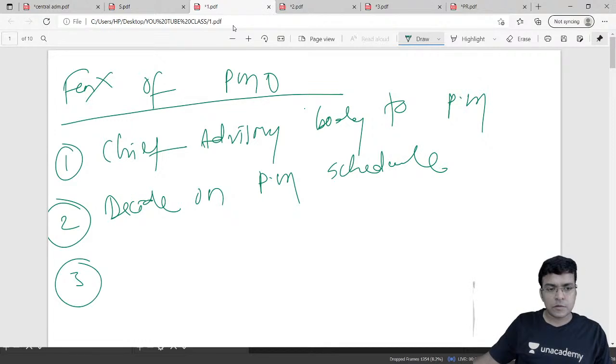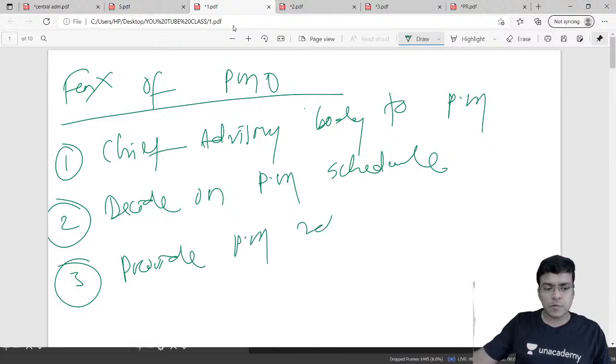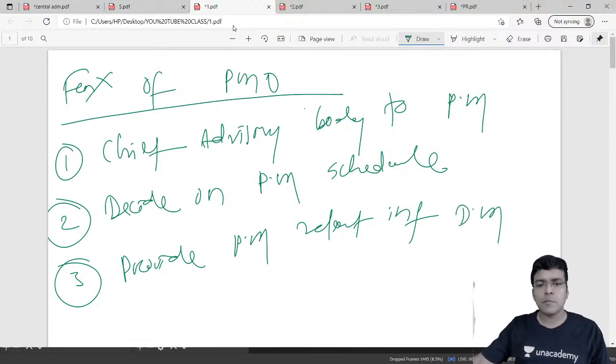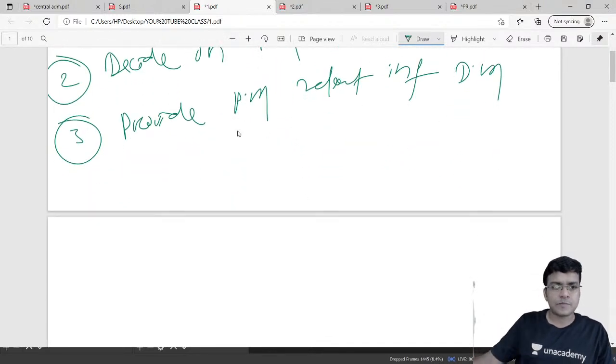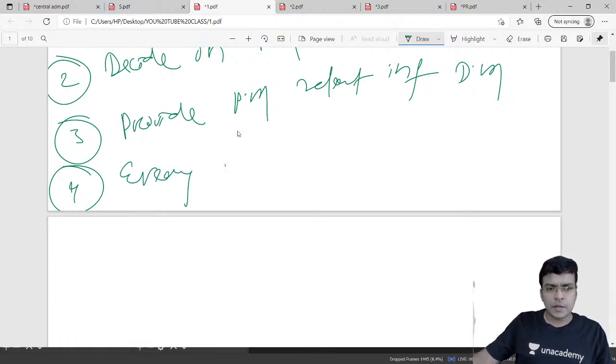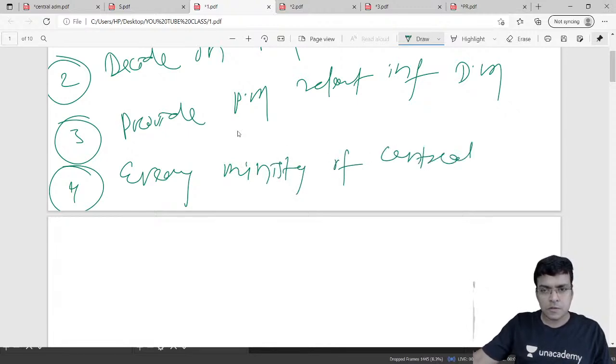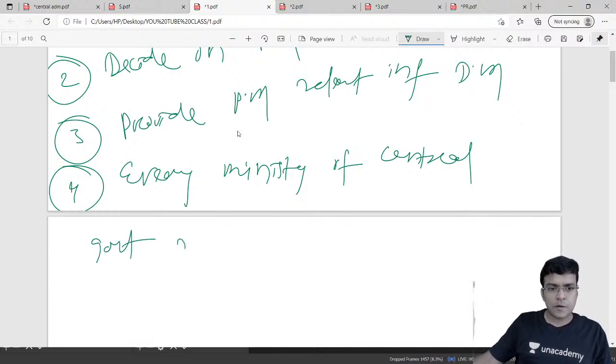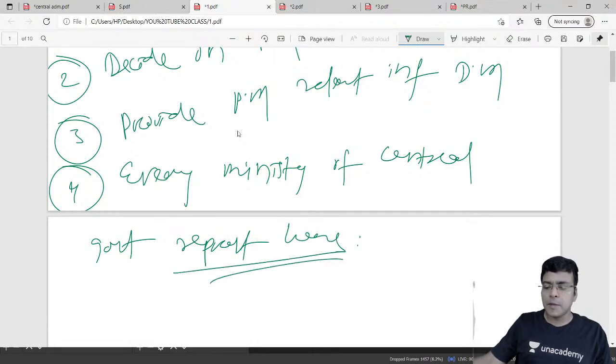Third, it provides PM relevant information for decision making. It provides PM all relevant information which helps him in taking important decisions. One thing, every ministry of central government is represented here. This is the main reason it becomes a center of power, that we discuss, how PMO becomes a center of power.